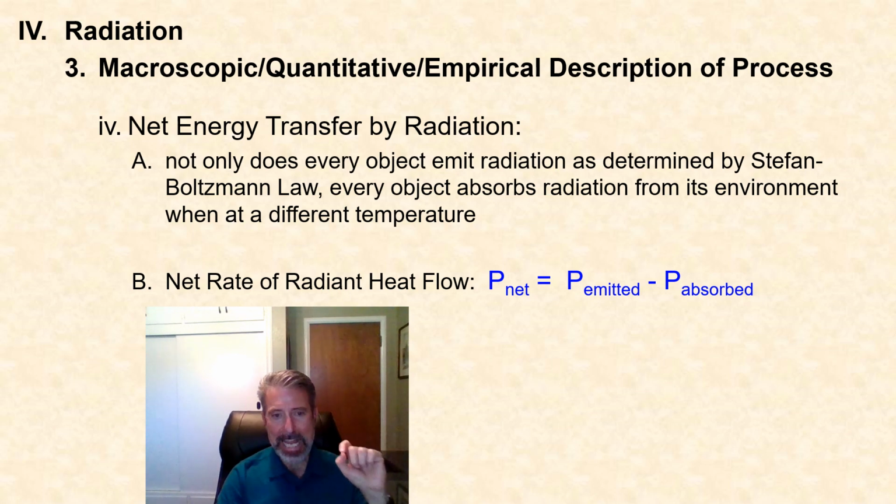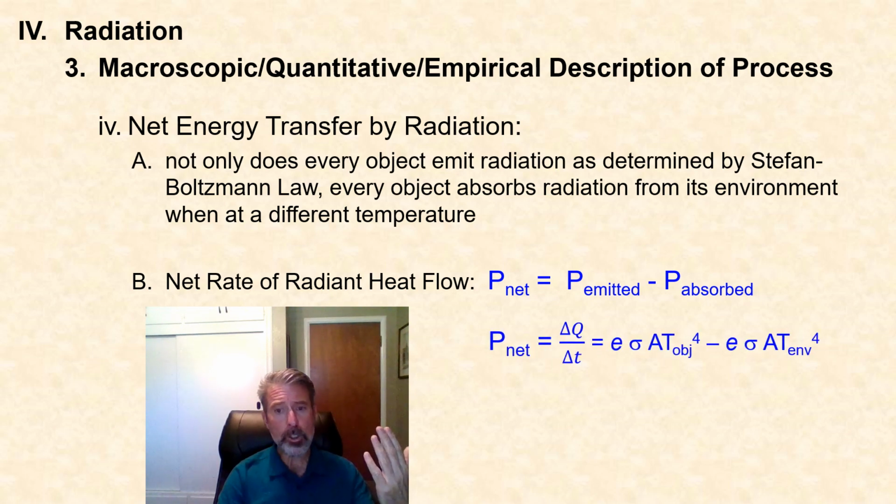So we can say that the net rate of radiant heat flow, radiant energy transfer, would be equal to the power emitted by the object in question, the power emitted by your system, minus the power absorbed by your system. Remember, power is simply the amount of energy transferred per unit time. So just plugging this into the Stefan-Boltzmann law, we see here that this term over here simply represents the power emitted by your object, whereas this term here represents the power absorbed by your object.